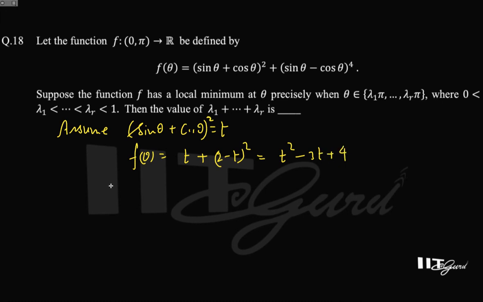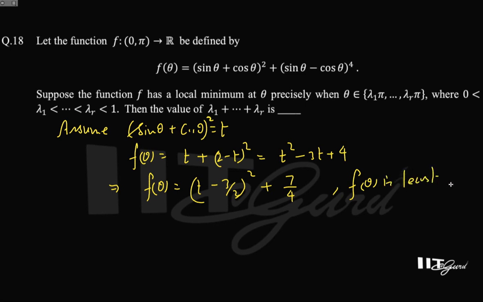Now this implies f theta will become, making a perfect square, (t minus 3 by 2) whole square plus 7 by 4. So f theta is least when t is 3 by 2, and the least value will be 7 by 4.